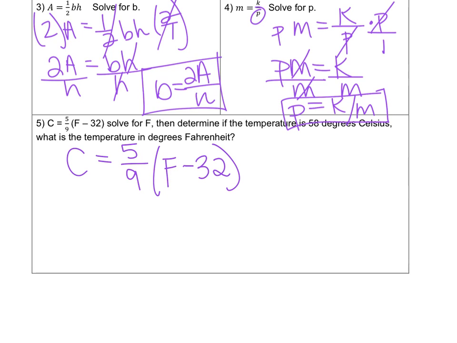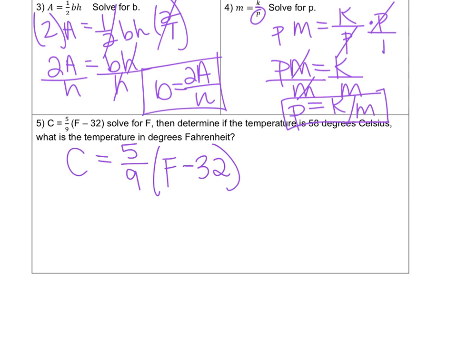And we want to rearrange this equation to get it to equal Fahrenheit. And then we're going to determine if the temperature is 58 degrees Celsius, what is the temperature in degrees Fahrenheit? So this is an example of when you would need to rearrange the equation because you know the degree in Celsius, but you're looking for it in Fahrenheit.